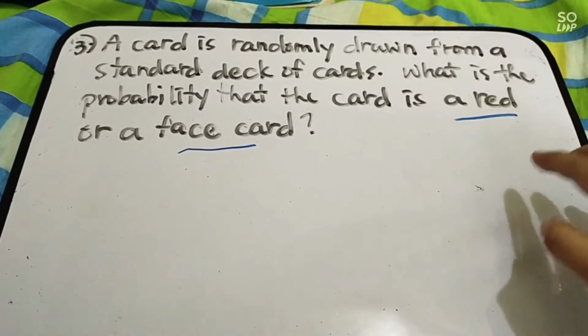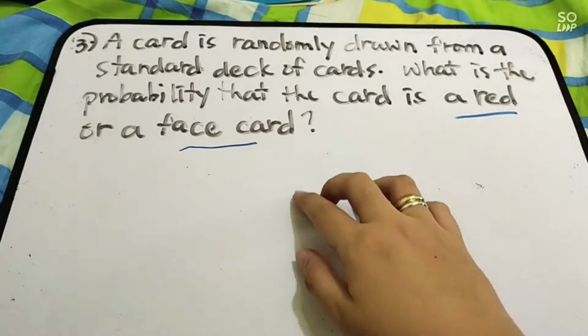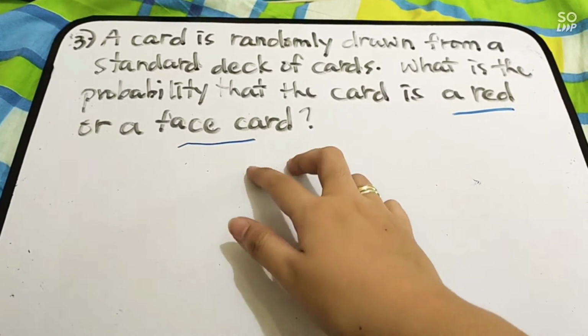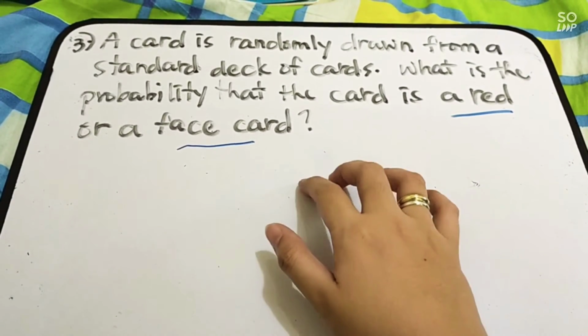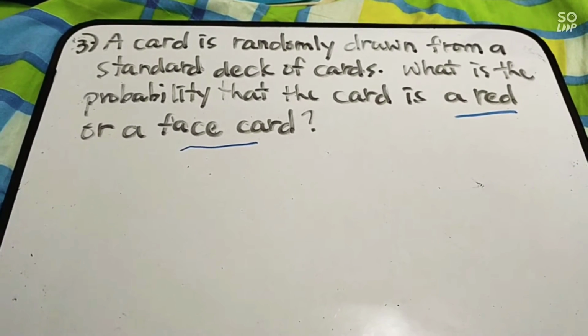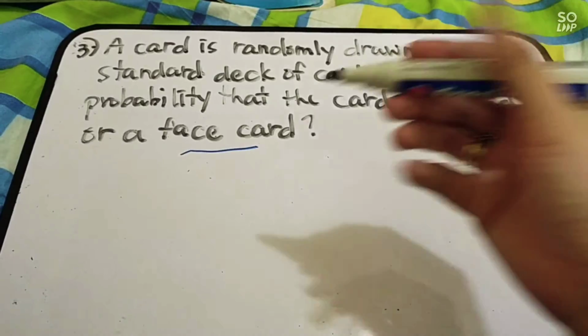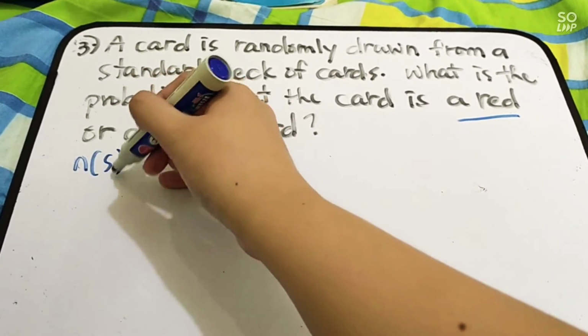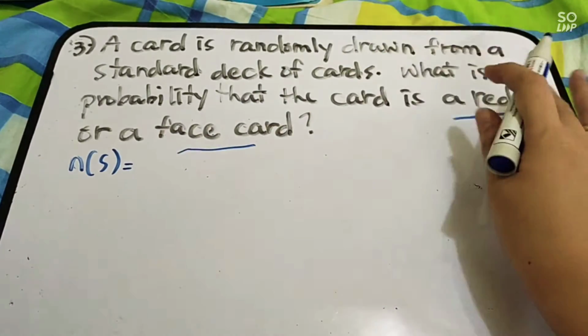Yes, obviously, meron tayong intersection kasi merong red na face cards. Okay? So, merong red na face cards and then yung ibang face cards ay kulay itim. Now, let us have now your number of space natin. So, ilan lahat ang meron sa isang card?